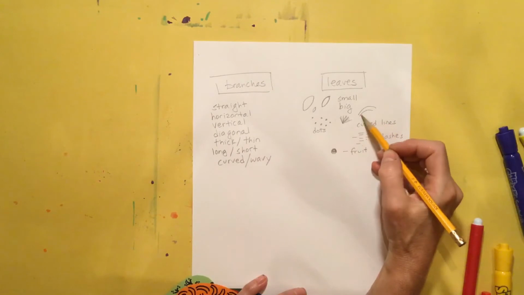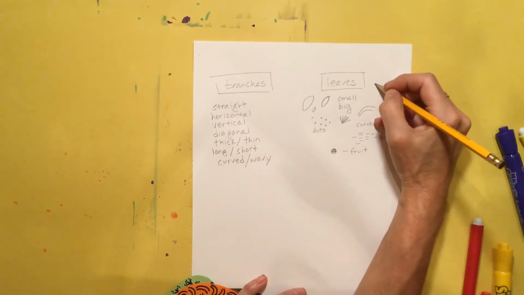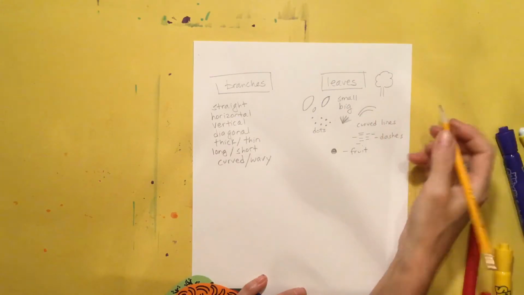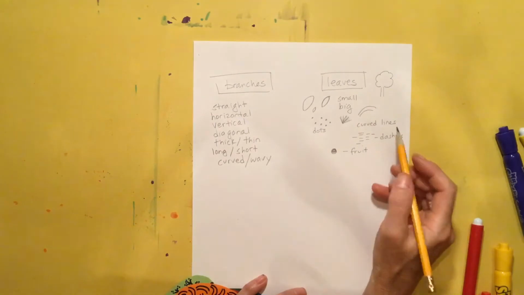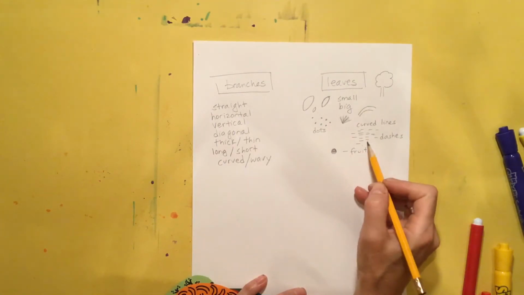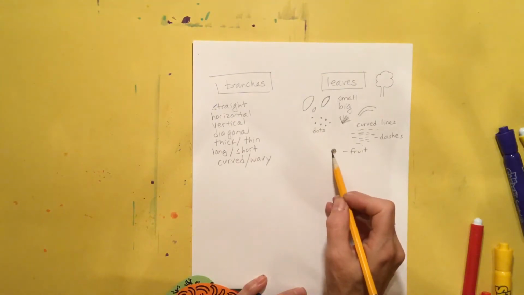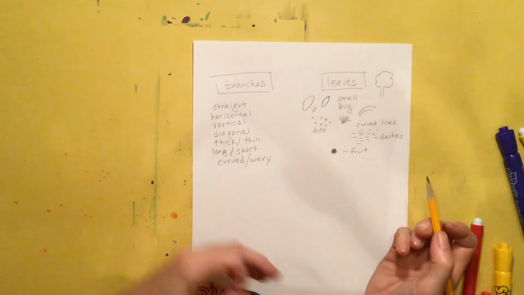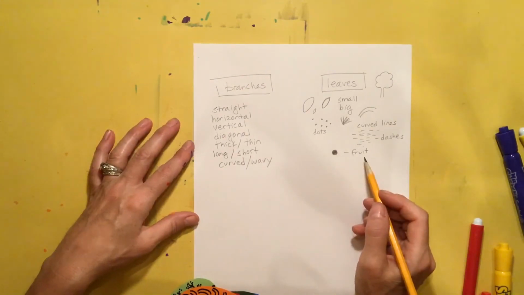You could represent leaves just with curved lines, because a traditional first grade or kindergarten tree has these curved lines. Maybe you could fill up the space with dashes to show that there's leaves. And if there was fruit, we could draw the shape of the fruit. And if we really wanted to make it simple, it could be circles.